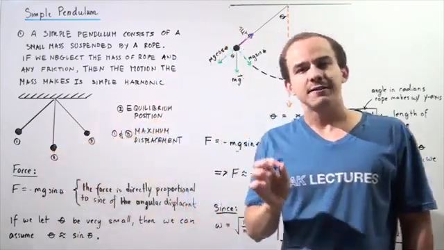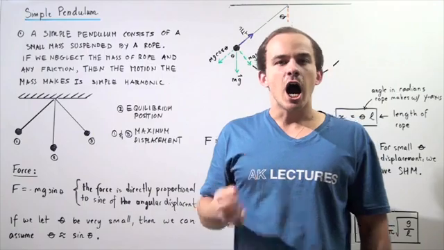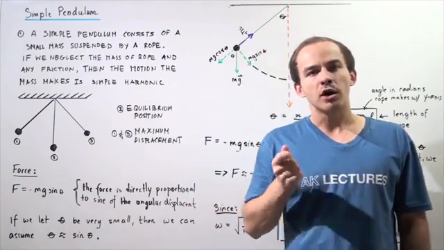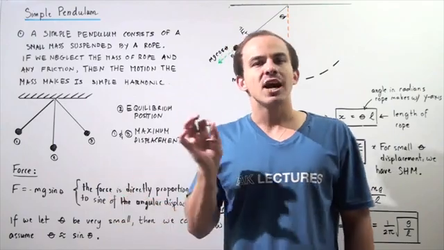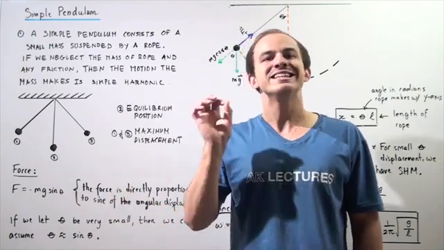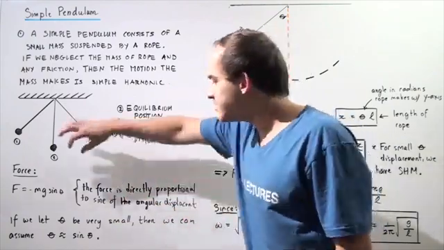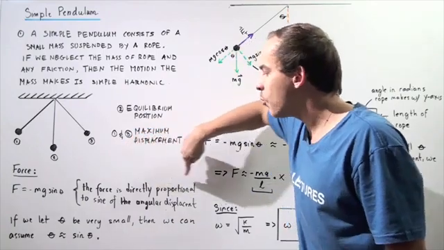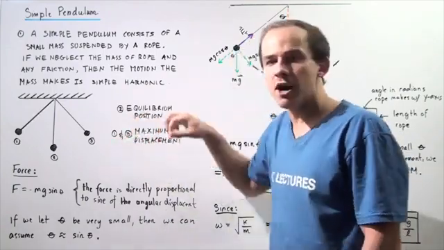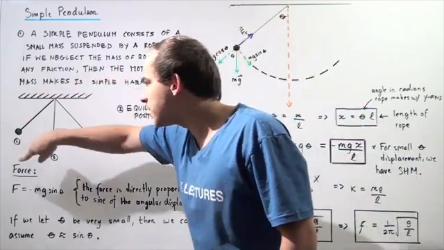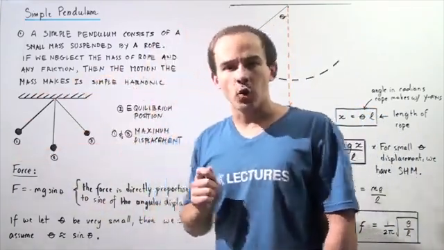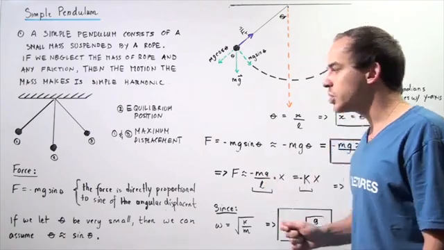Now recall, by definition, whenever an object is undergoing simple harmonic motion, the force that object feels is directly proportional to the displacement. And in this case, the force is directly proportional to the sine of our displacement. So that means our swinging pendulum is not really undergoing simple harmonic motion.